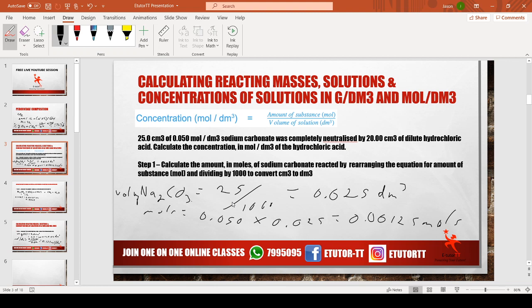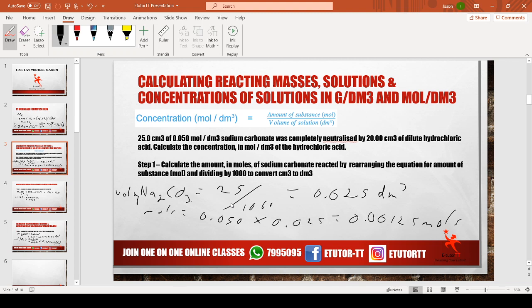So step 1, calculate the amount in moles of sodium carbonate reacted by rearranging the equation for the amount of substance, moles, and divide by 1000 to convert to dm³. So we have the volume of sodium carbonate equals 25 divided by 1000, which gives us 0.025 dm³.